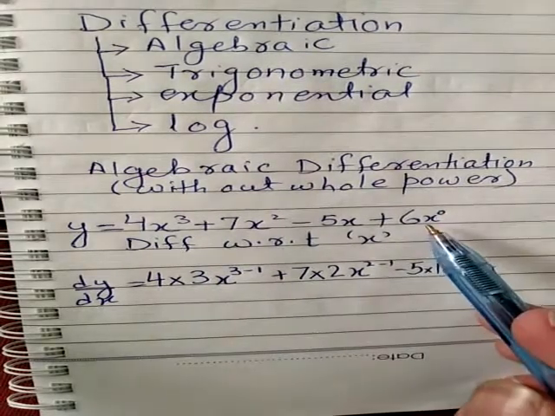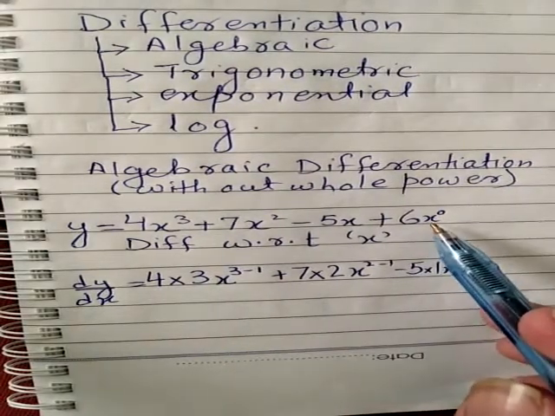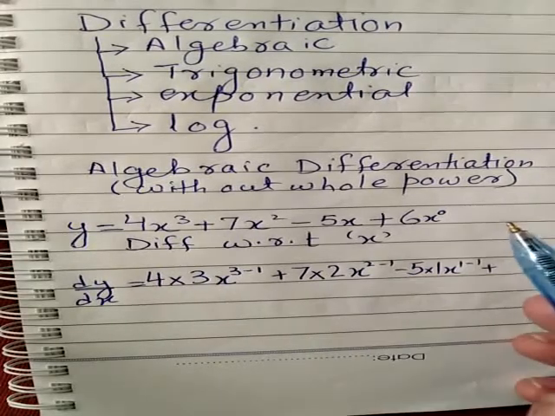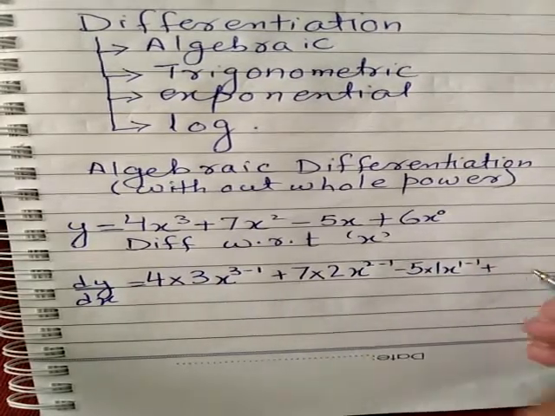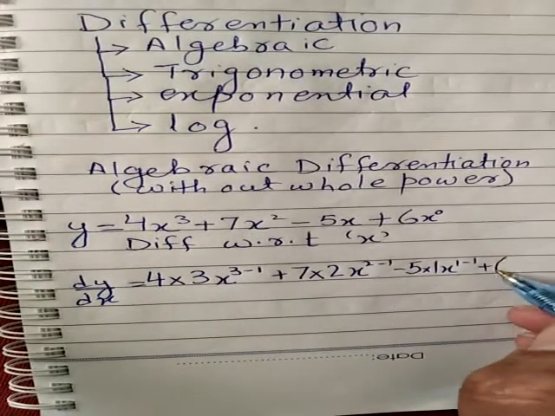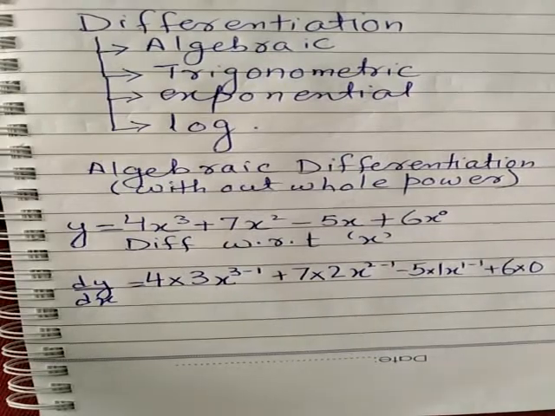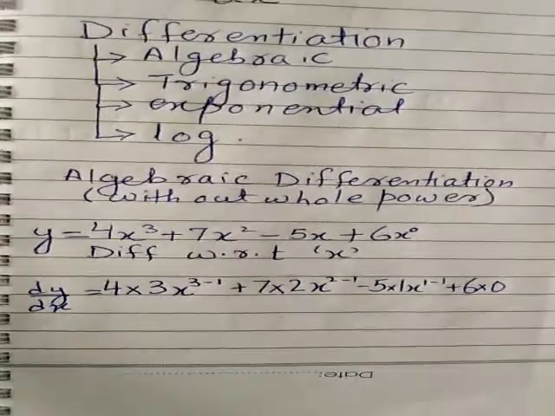Because anything to the power 0 is always 1, this will become 1. 6 into 1 will be 6, and 6 multiplied by 0 means I don't have to do anything else over here.